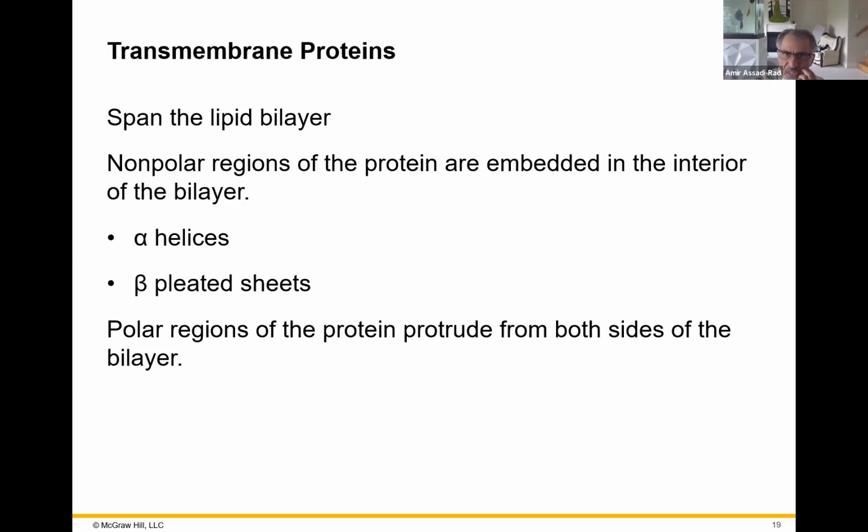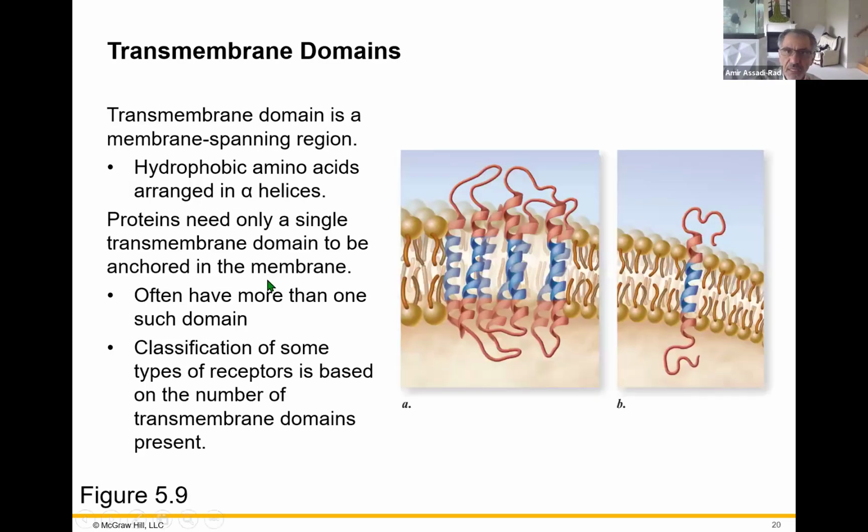So the proteins are embedded in the interior of the bilayer, alpha helix, beta pleated sheets, and polar regions of the proteins protrude from both sides of the bilayer. Right here, this is hydrophilic, hydrophobic parts of the protein molecules.